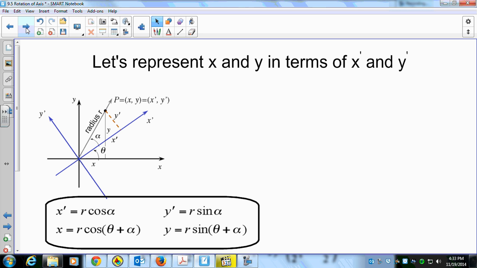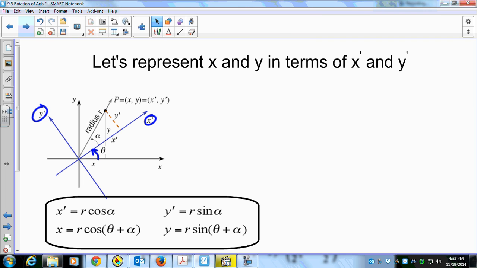So what we're going to end up doing is using this idea here where we have an alpha and a theta. We're going to generate some equations to relate this new axis. This new axis we're just going to call x prime, y prime, meaning it's the axis that the angle has been rotated through.